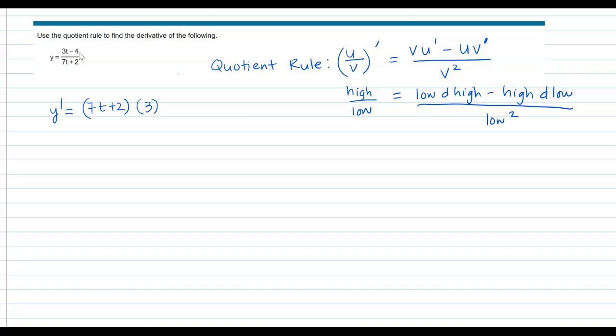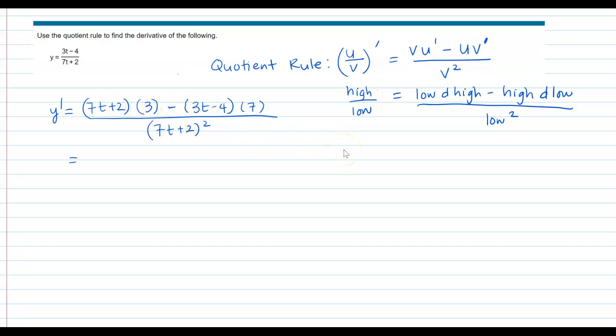Low d high, minus high, so copy numerator, 3t minus 4, d low. Derivative of the denominator is 7. All over low squared, 7t plus 2 squared. Remember, you can input your answer like this if it did not specify that you have to simplify it. However, for the sake of illustration, we're going to simplify this.